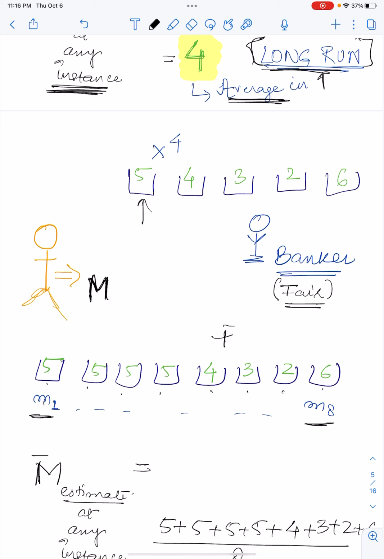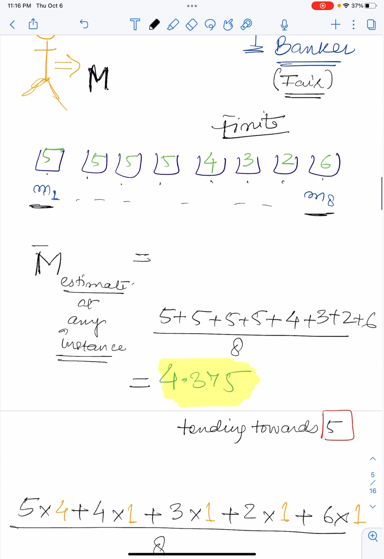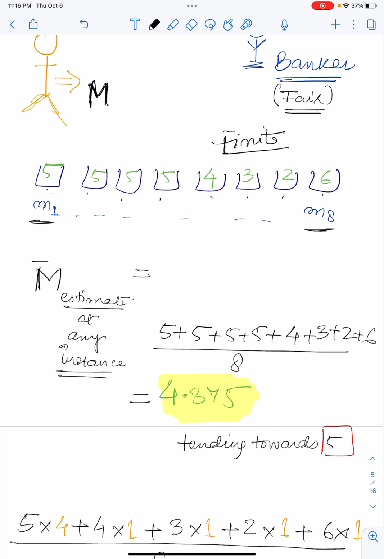They are still finite. And if someone asks what is the estimate at any instance, we are not going to do anything apart from just taking the average of all the possible values that could be assigned to M. And this, if you can see, is 4.375, and we can see that this is actually tending towards 5.